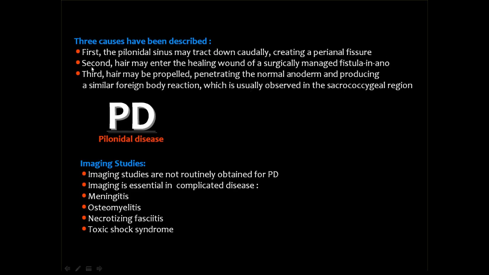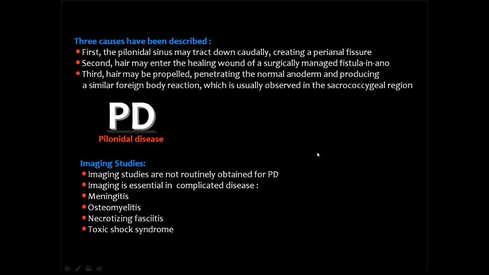Or a hair may enter the healing wound of a surgically managed fistula, or the hair may be propelled, penetrating the normal skin and producing a foreign body reaction, which is usually observed in the sacrococcygeal region.